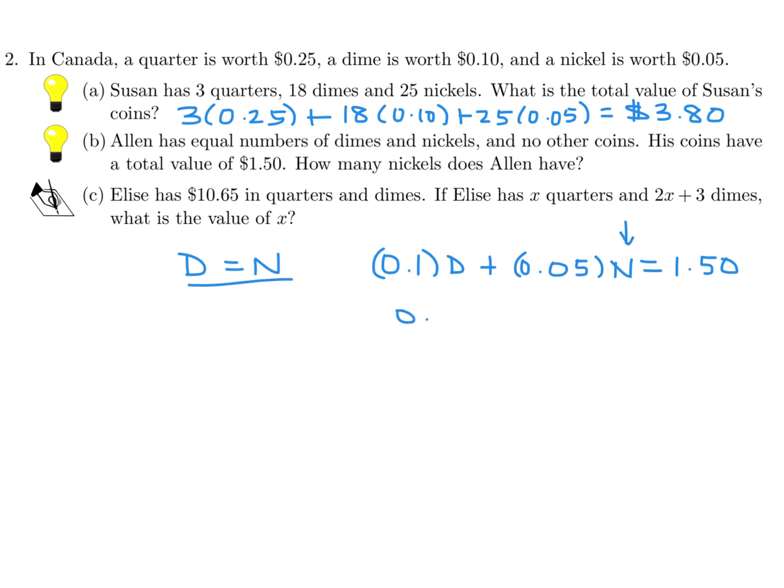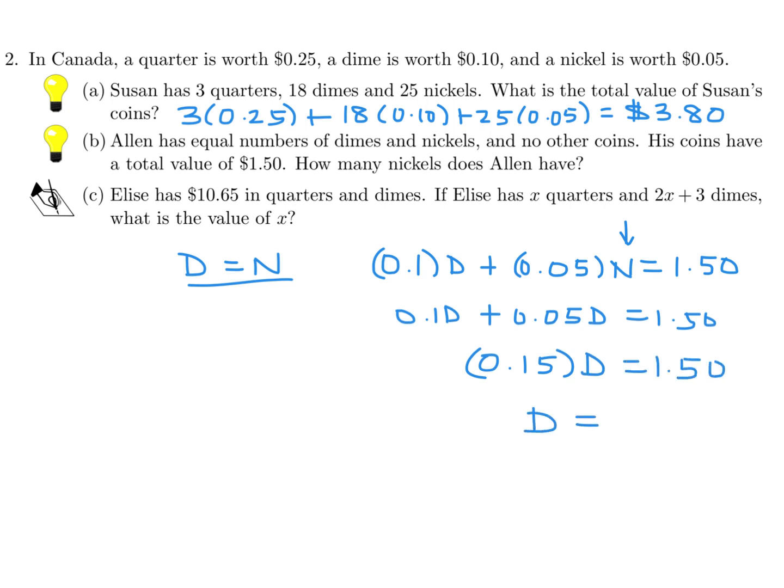So it'll be 0.1d plus 0.05d is equal to 1.50. When we add these, it becomes 0.15d is equal to 1.50. Then we divide through by 0.15, and you'd get d is equal to 10. So that means n is equal to 10. And I think that's what they're asking. How many nickels? He has 10 nickels.